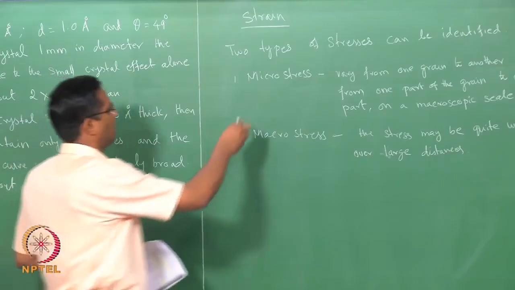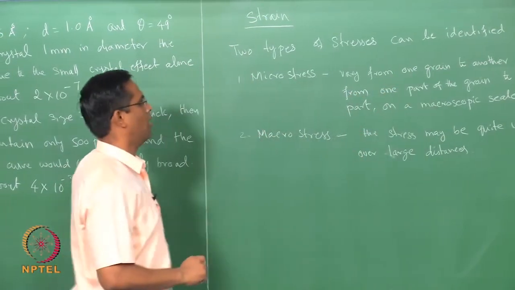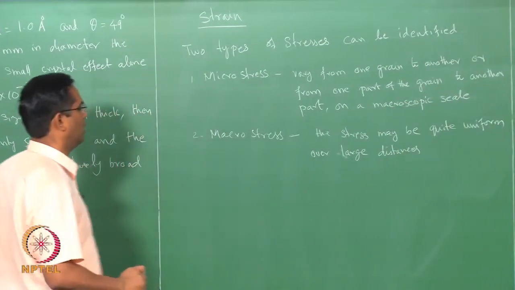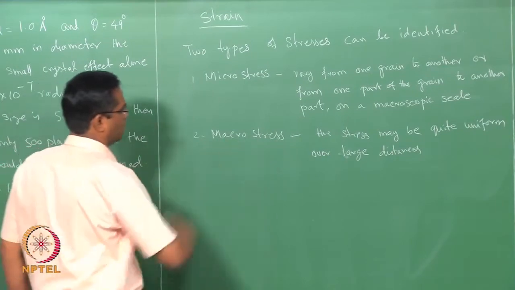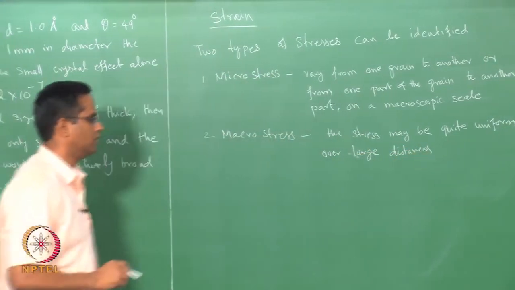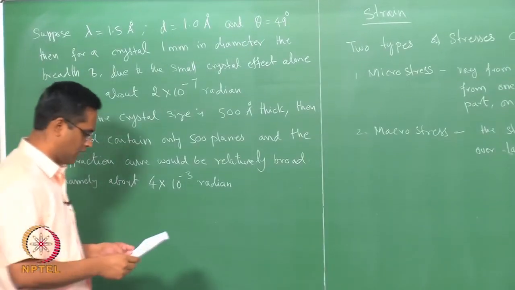One is micro stress, which will vary from one grain to another, or from one part of the grain to another part on the microscopic scale. On the other hand, macro stress may be quite uniform over large distances. So, these are the two types of stresses which we are talking about here.